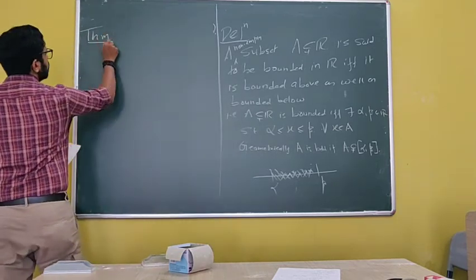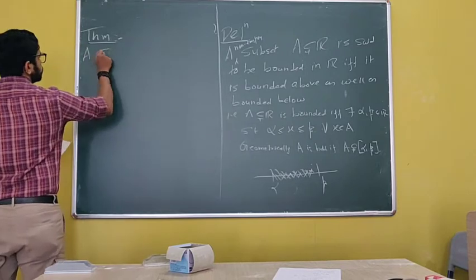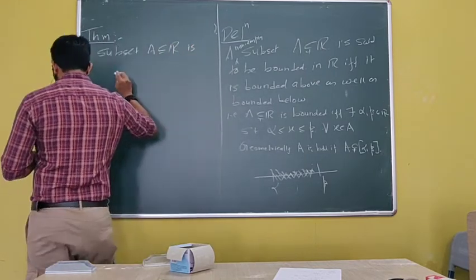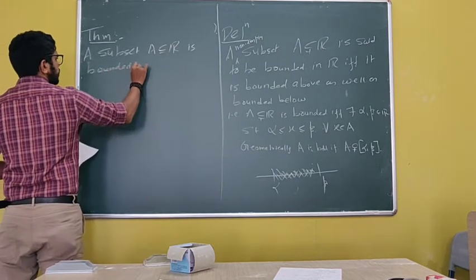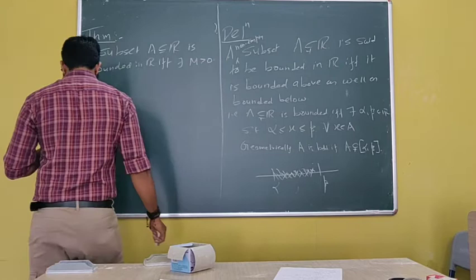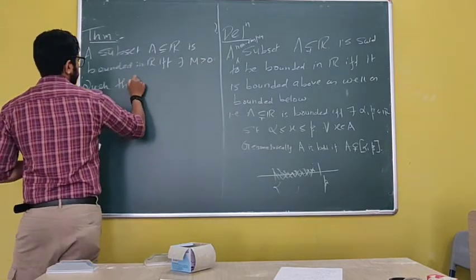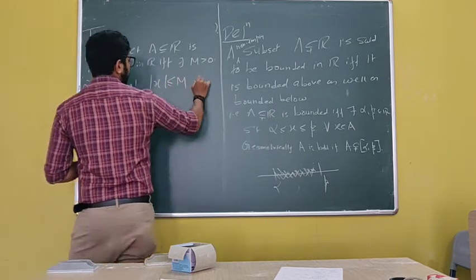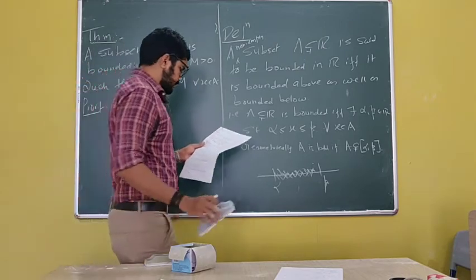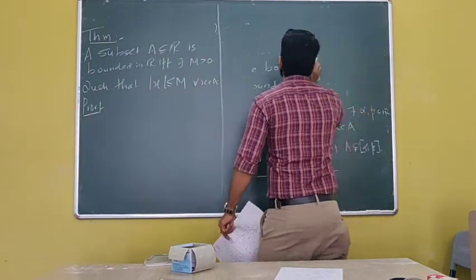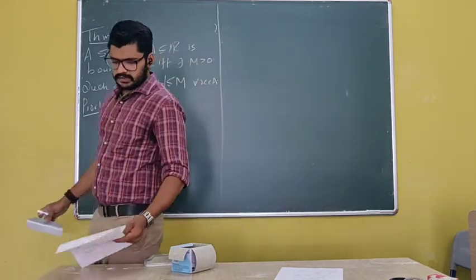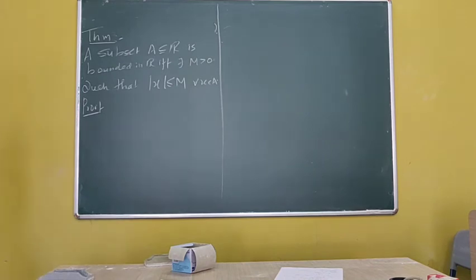Okay, let's look at this. A non-empty subset A is bounded in R if and only if there exists a positive real number M such that modulus of x is less than or equal to M for every x in A. So what does this say is the same idea as what we have done, but in a different way.